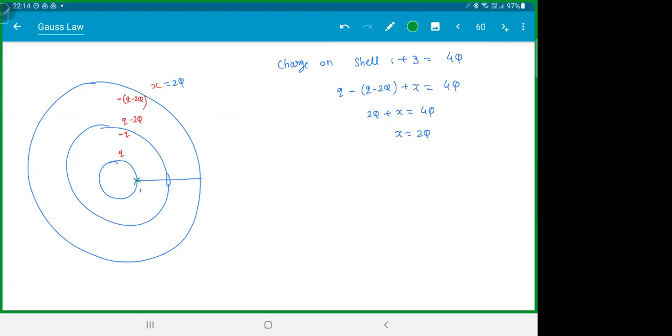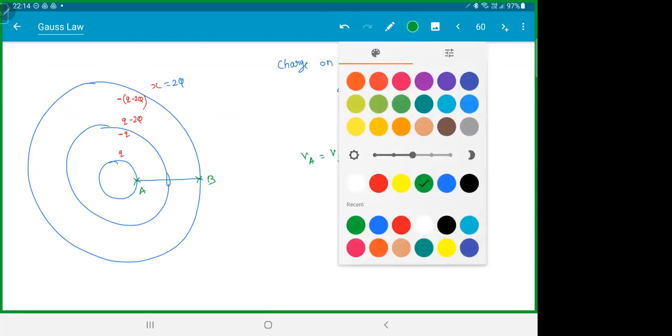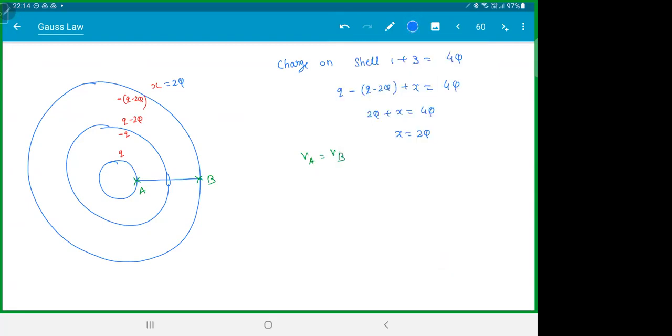Then you take this point A and this point B. Potential at A is equal to potential at B. So first, due to the inner shell, KQ by R, because A is on the surface. Due to the second shell, K times Q minus 2Q minus Q, total charge by 2R. Third shell, 2Q minus Q plus 2Q by 3R.